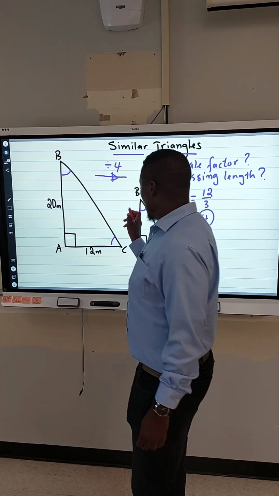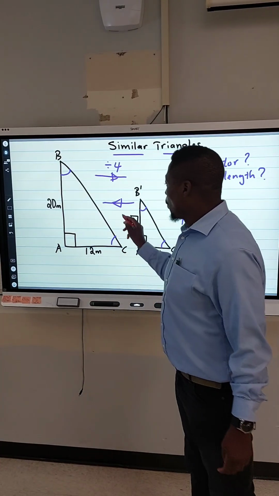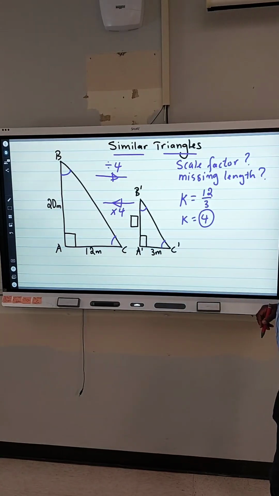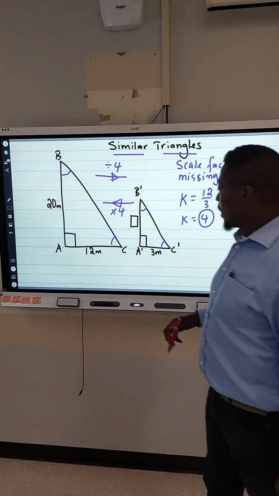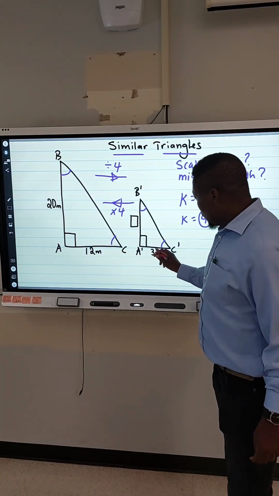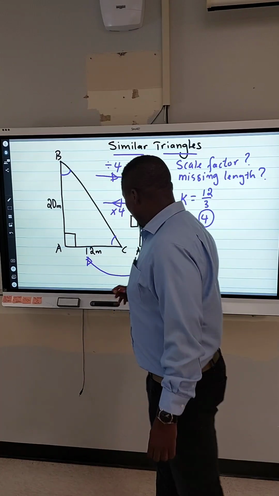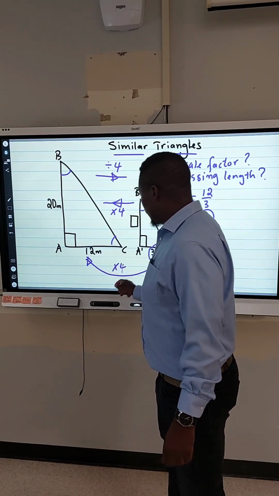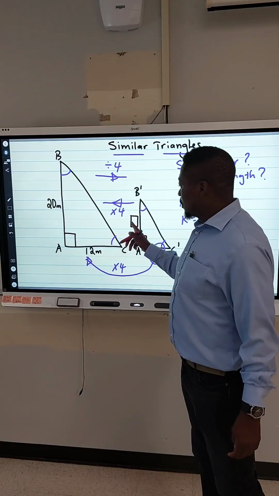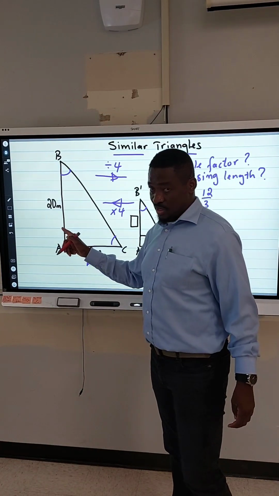And if we were to go back from the smaller triangle to the bigger triangle, we multiply each side by 4. So we can use that scale factor to find this missing side. We know that this 3, for it to go to the bigger triangle, we multiply by 4. Now, what number do we multiply by 4 to get 20?